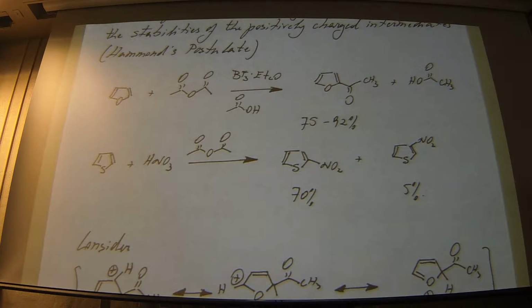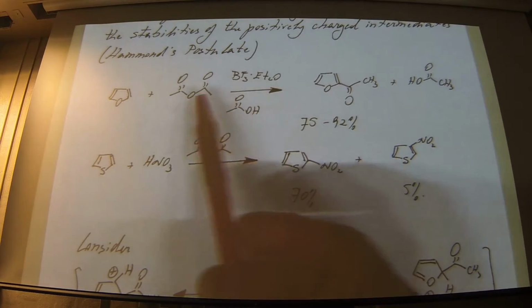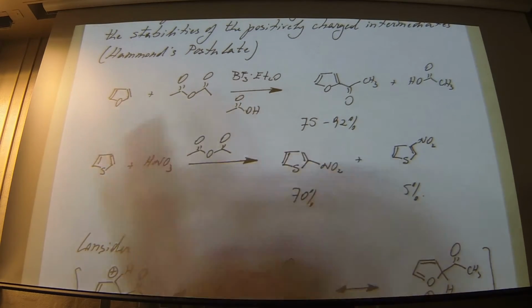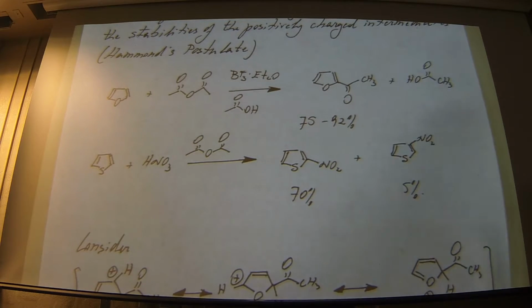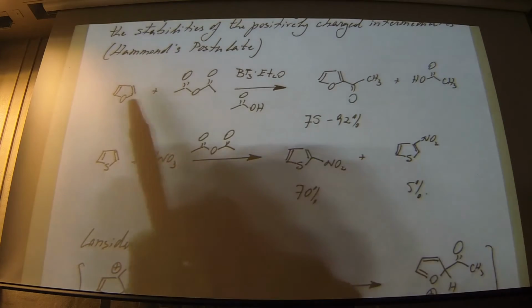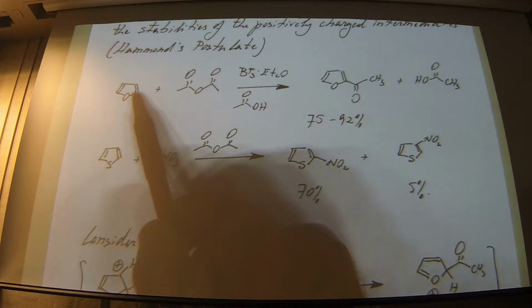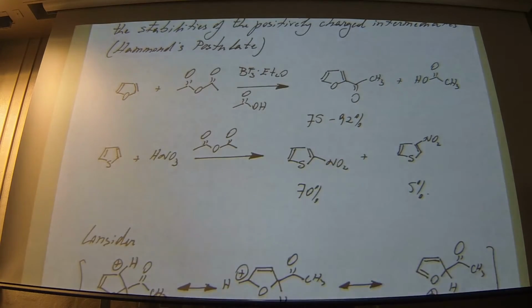You don't need powerful Lewis acids to catalyze this process. You can perform this process with anhydride and BF3 etherate, and you get excellent yields. The first site of reactivity is at C2. And so you end up getting the acylation at C2, not at C3.